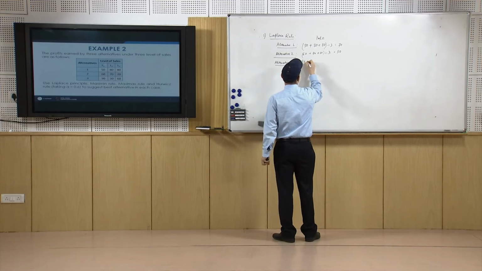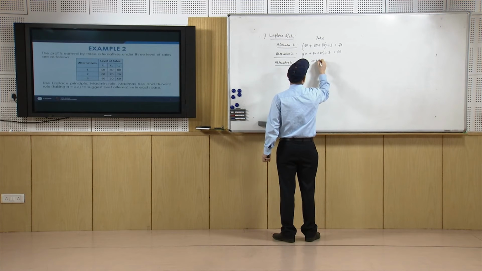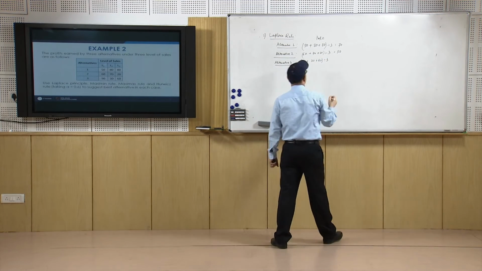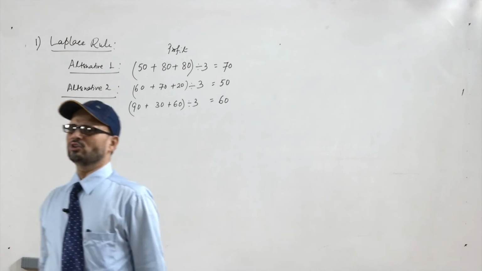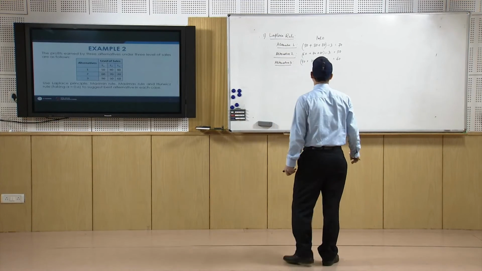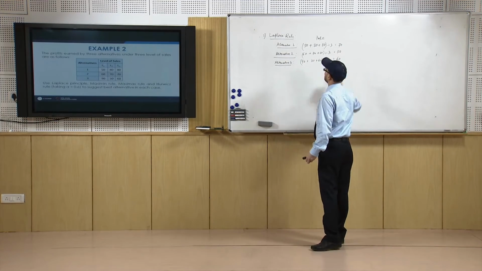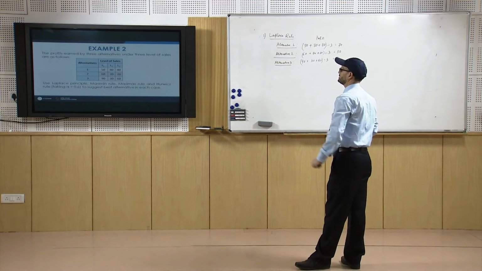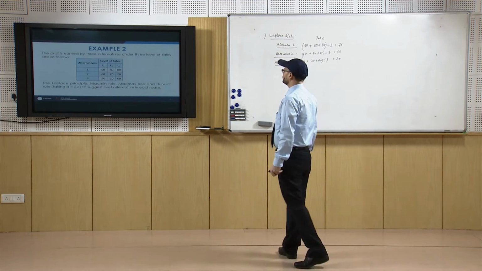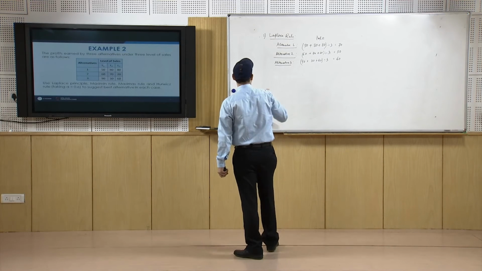So, it will be 90 plus 30 plus 60 divided by 3. So, it will be 180 by 3, that is 60. So, using the Laplace rule, you see that alternative 1 should be preferred, which gives you the maximum profit out of the 3 alternatives. Let us go to the Maximin rule.